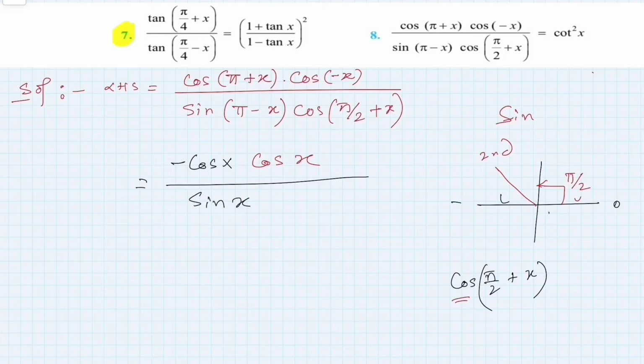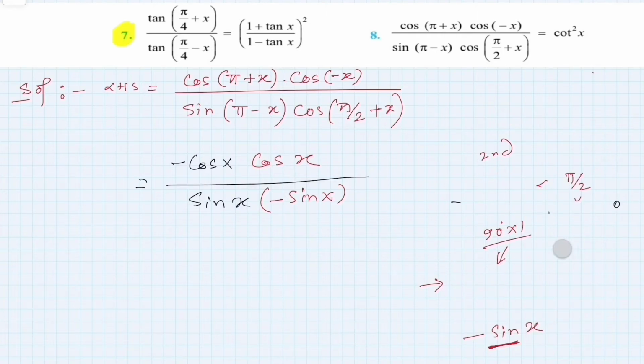Pi by 2 means 90 into 1, an odd multiple of 90. So cos changes to sine, sin x, and it must be negative because initially it was cos. So we have got minus sin x.